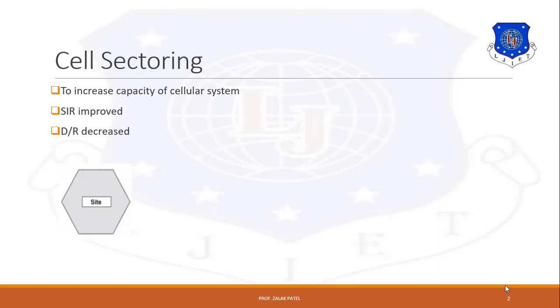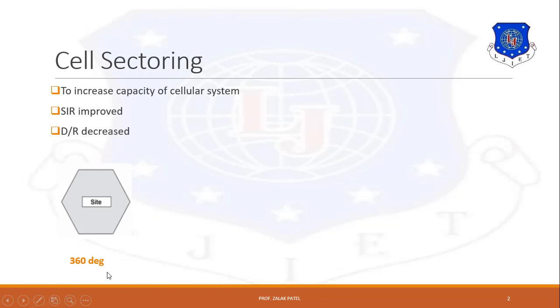Here we take different cases of cell sectoring. First, I take cell sectoring for 360 degree. Here the whole portion is 360, so there is no need to divide it.